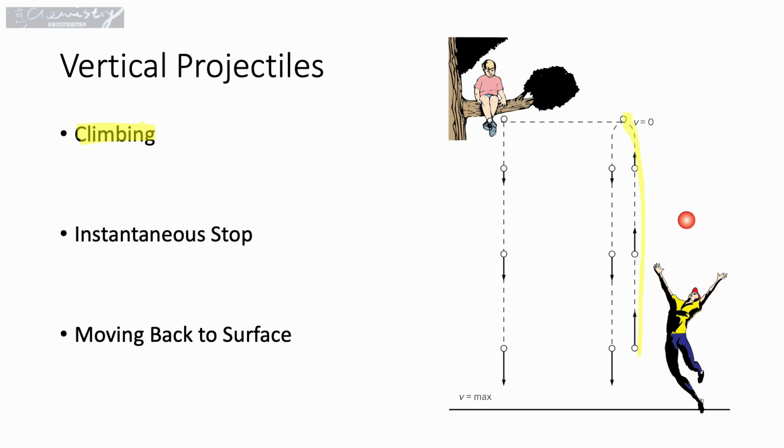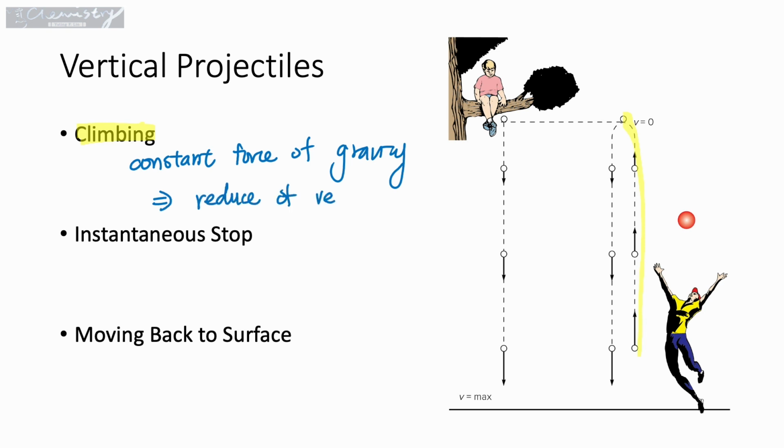As it is climbing, there is going to be a constant force of gravity, and this constant force of gravity is going to result in a reduction of velocity. Therefore, the overall acceleration going upwards is that it is decelerating, which is going to slow down the ball as it moves up until an instantaneous stop, because it's slowing down.